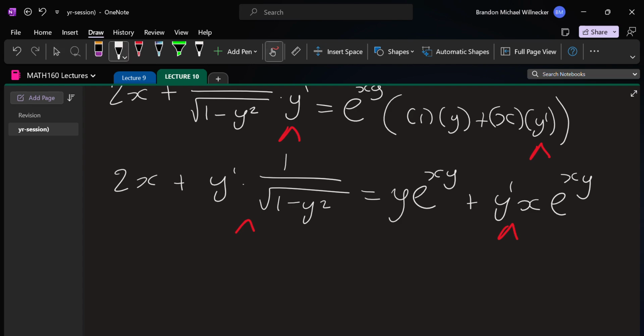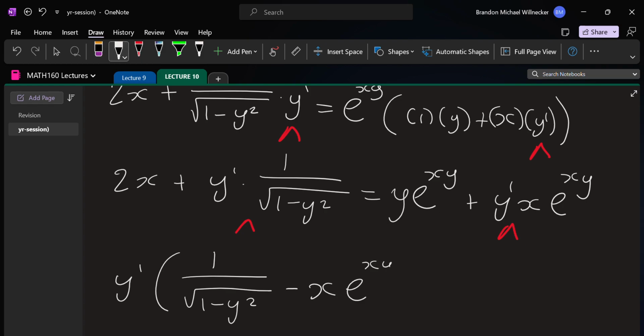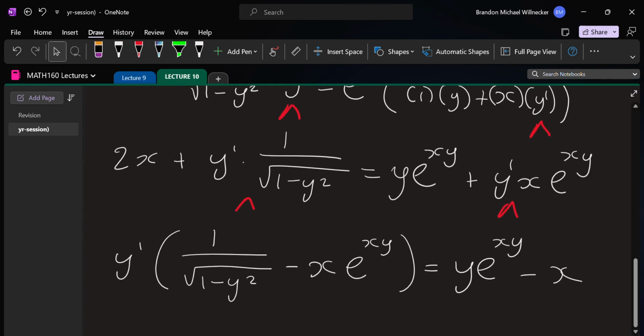Let's take everything over to one side, and then the leftover 2x, we need to take that over to the other side. Okay, so we're going to have y prime, 1 over root (1 minus y squared), and then we took the other term over, so that's minus x e to the xy, equals y e to the xy, and then we took the 2x over to the other side.